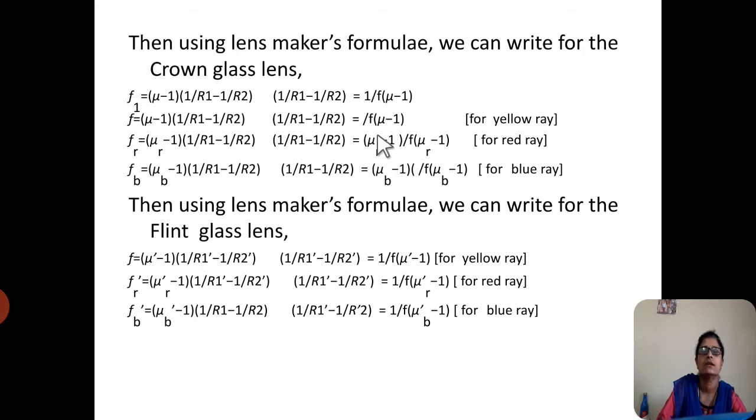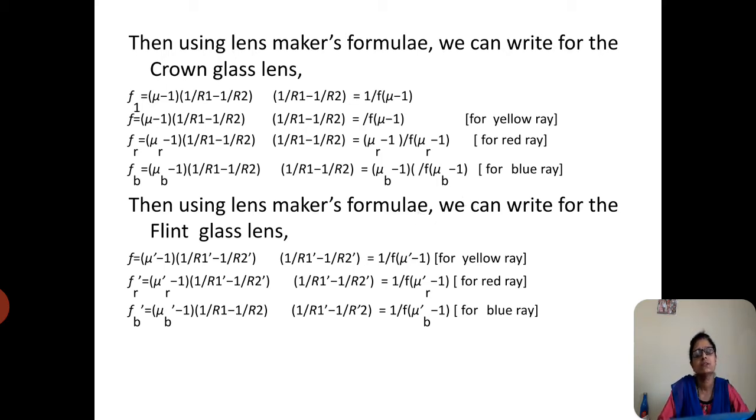For yellow, 1 by r1 minus 1 by r2 equals 1 by f into mu minus 1. Similarly for red, 1 by r1 minus 1 by r2 equals 1 by fr into mu r minus 1, and for blue, 1 by r1 minus 1 by r2 equals 1 by fb into mu b minus 1.